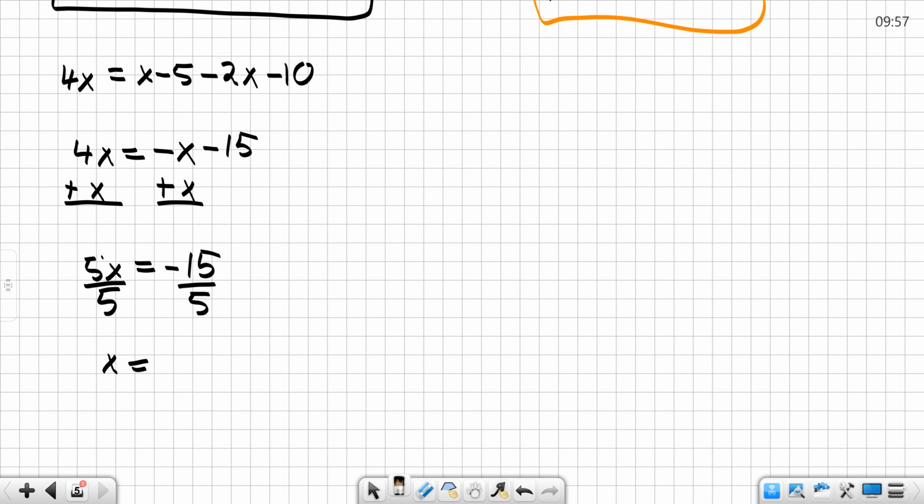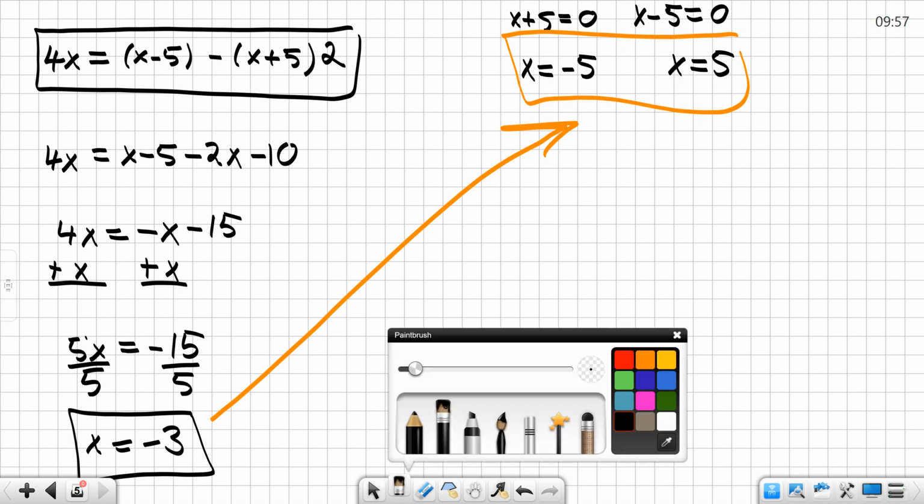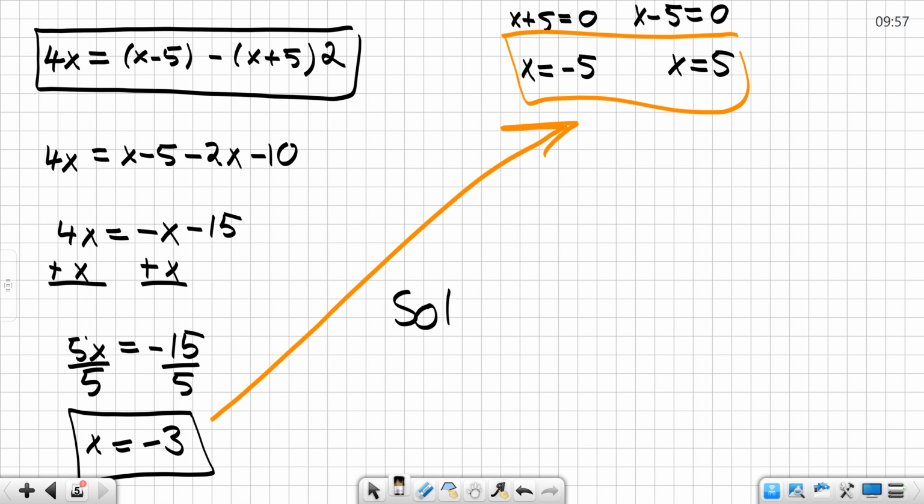Negative 15 divided by 5 is negative 3. Before I mark this as the answer, I go back and I check with my restrictions. All right, it is not negative 5 or positive 5, and that means that we have a solution to this equation, and the solution consists of the number negative 3, and that is it.